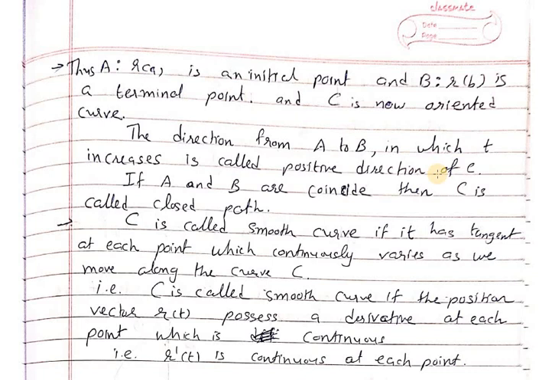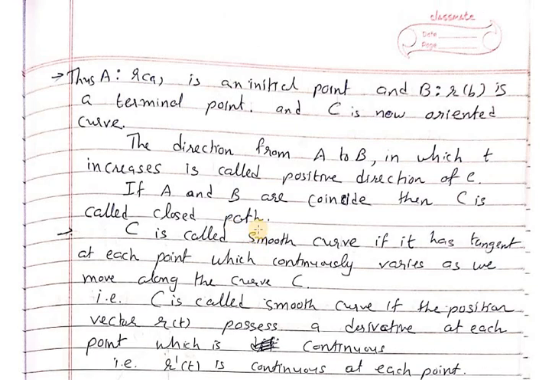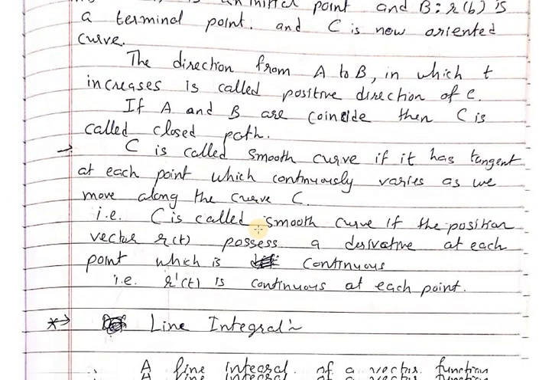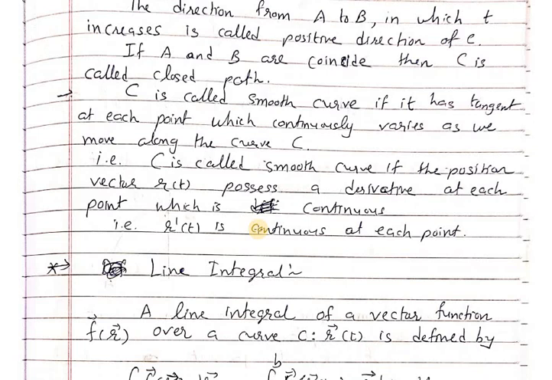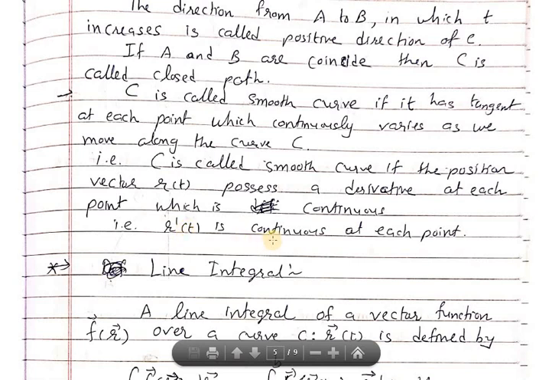Here, if A and B coincide, then the curve C is called a closed path, as we have shown in figure 2. C is called a smooth curve if it has a tangent at each point which continuously varies as we move along the curve C. That means in simple logic, r dash t is continuous at each point.